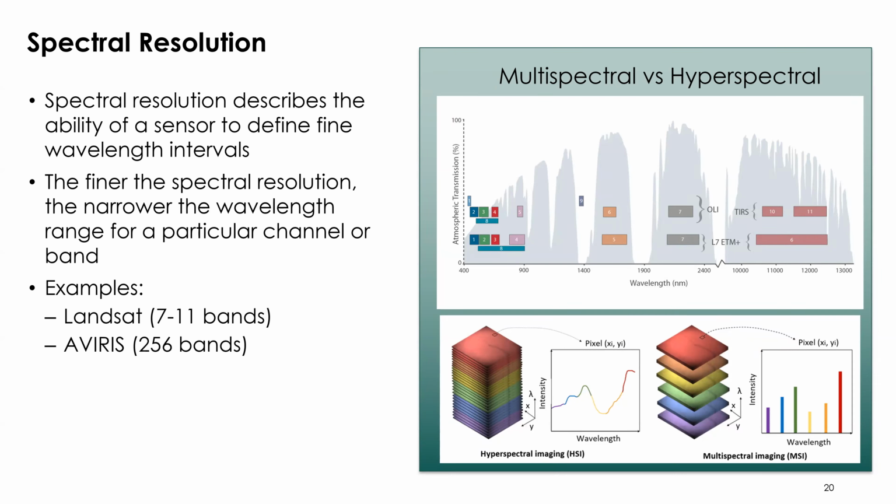And so you end up with, rather than 7 or 11 layers, 256 layers covering everything from the visible often to the mid-infrared part of the spectrum. That's a lot of data. And I'll explain why this is important, particularly for plants, in just a second.